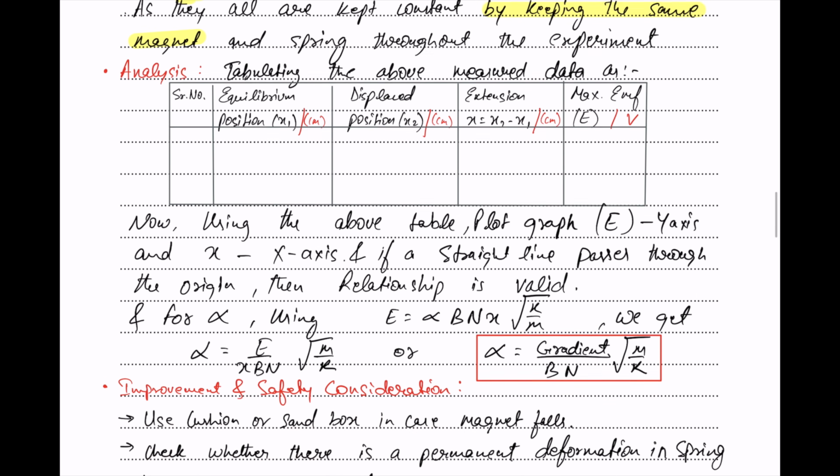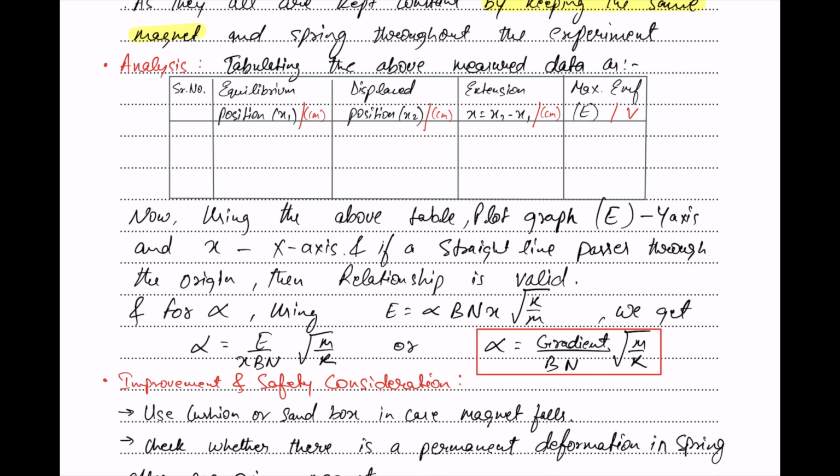Now on the basis of what we have done right now, we have to tabulate the readings, or you can say the collection of data. Here I have written serial number, how many times I am taking the reading, let us say 5 times. Equilibrium position in centimeters, because we have taken the meter rule, so we can write down the readings in centimeters here.